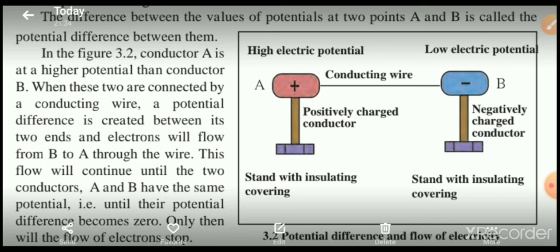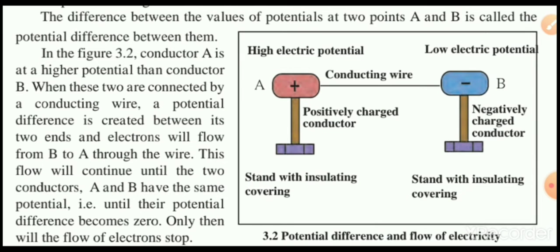Now the difference between the values of potential at 2 points A and B is called the potential difference between them. Now you can see the diagram. In figure 3.2, conductor A is at higher potential than conductor B. When these two are connected by a conducting wire, a potential difference is created between its two ends, and electrons will flow from B to A through the wire.